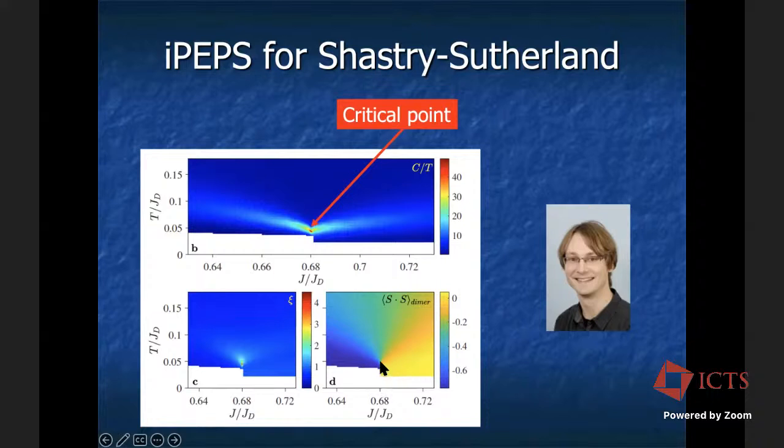So there is a jump, and the jump goes to zero at that point. At that point, the correlation length, as measured by the tensor, by iPEPS, by the transfer matrix eigenvalues, is also diverging. So we have evidence of a critical point in that system. In the Shastry-Sutherland, as in the fully frustrated bilayer, we believe that there is a critical point.